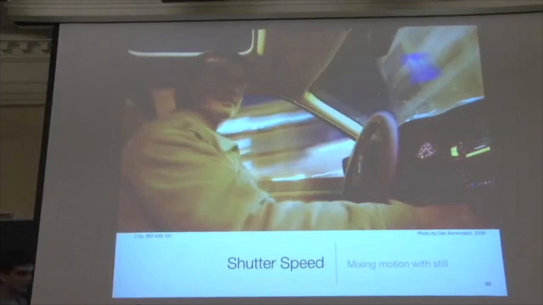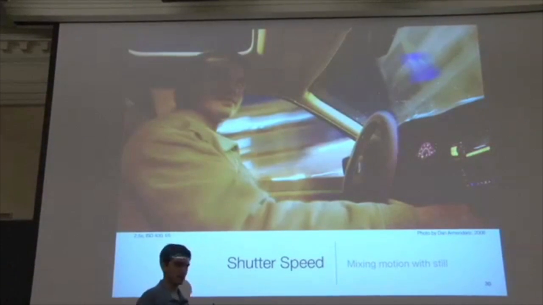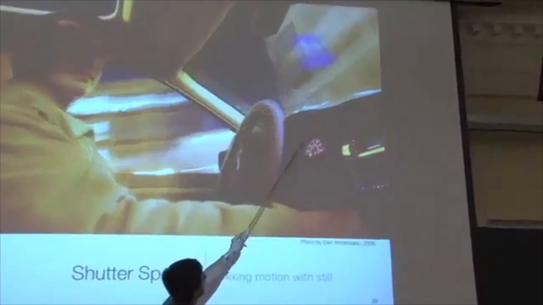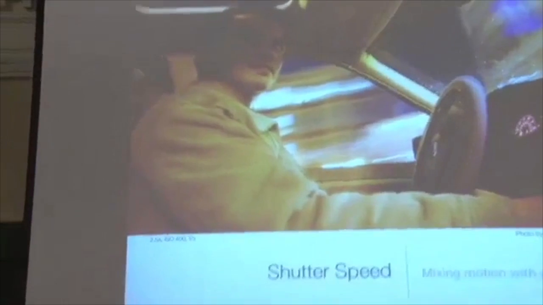So here, for example, by strapping your tripod down very tightly into your passenger seat, you can take a photo where pretty much all of the dashboard of your car is still. It looks sharp and still, but everything else outside is moving. This was a 2.5 second exposure, so the shutter was open for that long, and luckily the tripod was tied down enough that the rest was able to be in sharp focus.